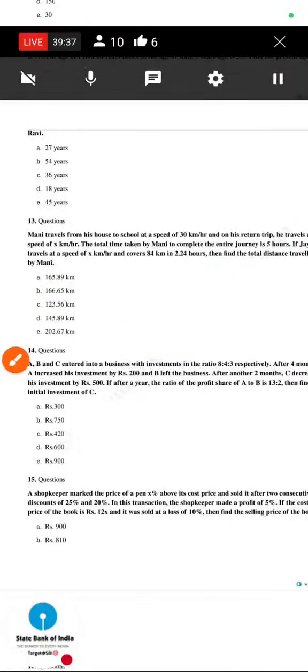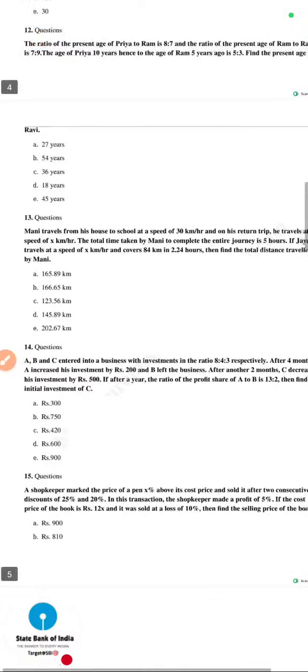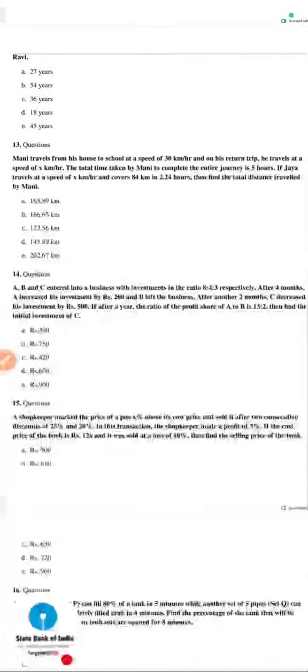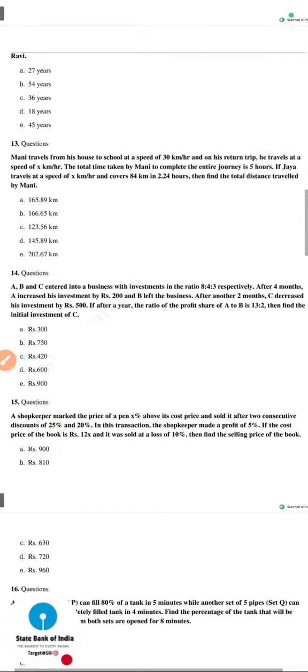Okay, now we are going to see the next one, the 14th. A, B, C entered into a business with an investment in the ratio of 8:4:3. After 4 months, A increases his investment by 200 and B left the business.